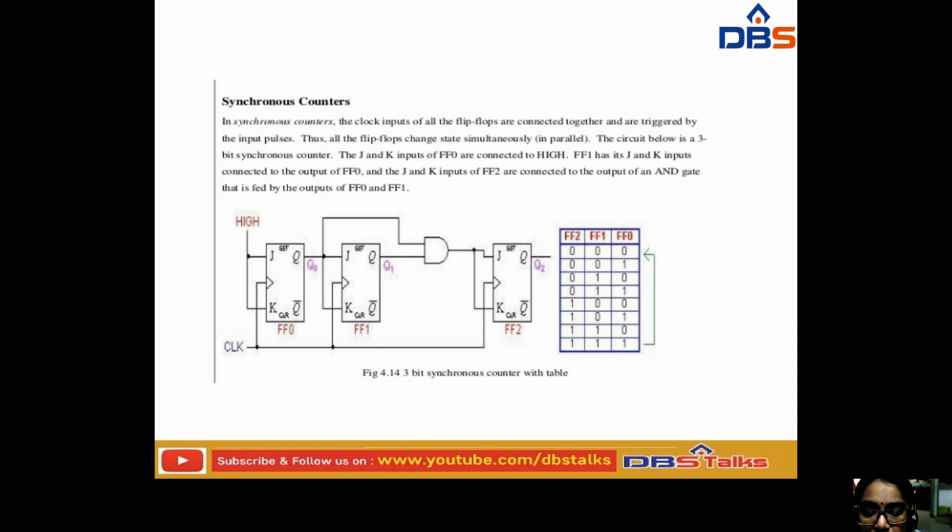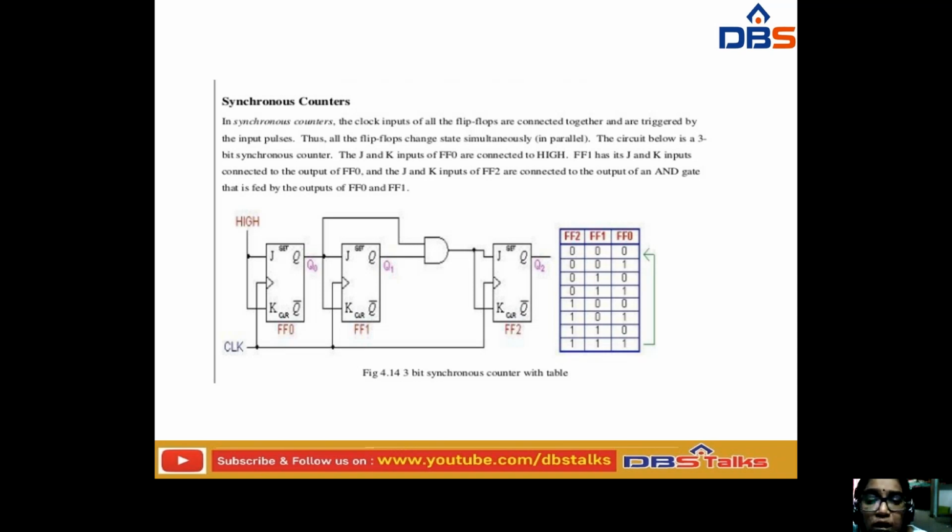If you observe this figure, this is a 3-bit synchronous counter. This is the first flip-flop and this is the second flip-flop. Each has the two inputs J and K, and by taking this output as the input of J and K, it performs the AND operation here, and with that it generates this output.